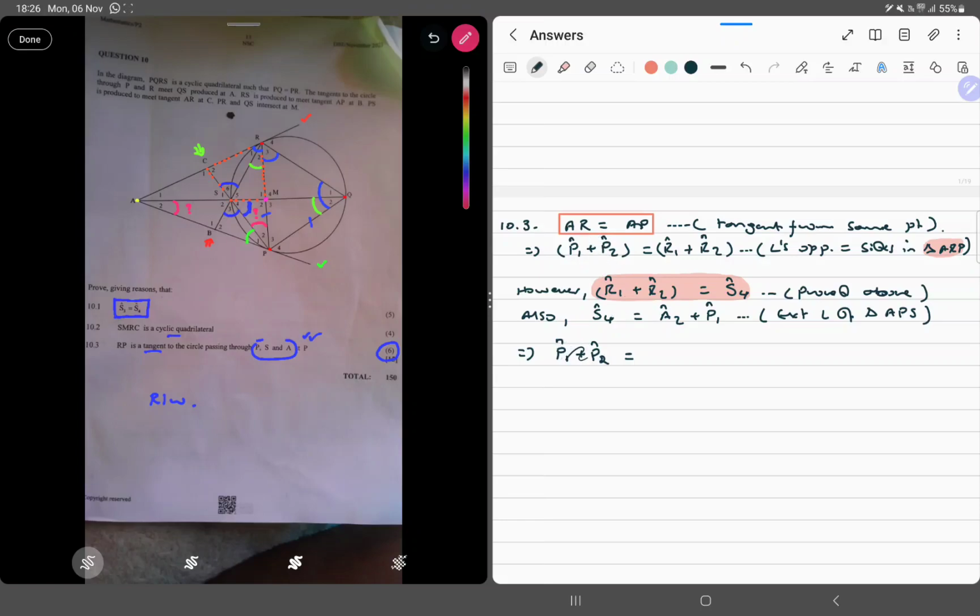So you can say P1 plus P2 plus, let's just break the brackets now, is going to be equal to A2 plus P2. Can you see that? No, P1.